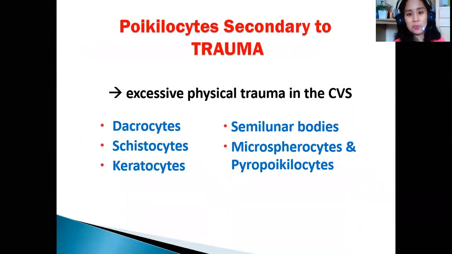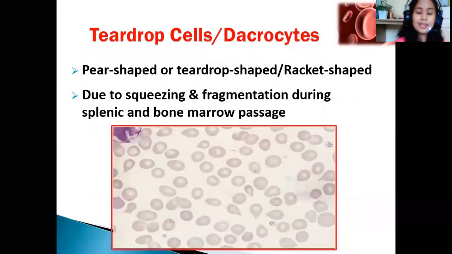Next tayo. So, the first six is about abnormality in their membranes. Now, secondary to trauma. So, something happened. So, we have teardrop cells. This is due to trauma. Ma'am, what type of trauma? Due to squeezing and fragmentation during splenic and bone marrow passage.